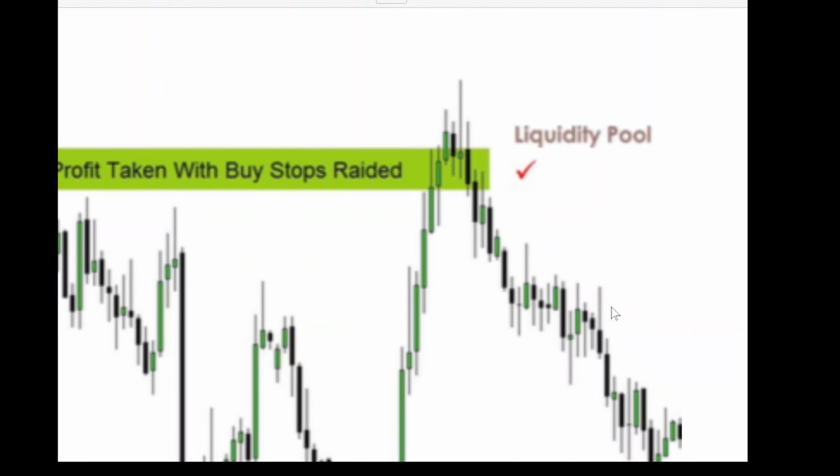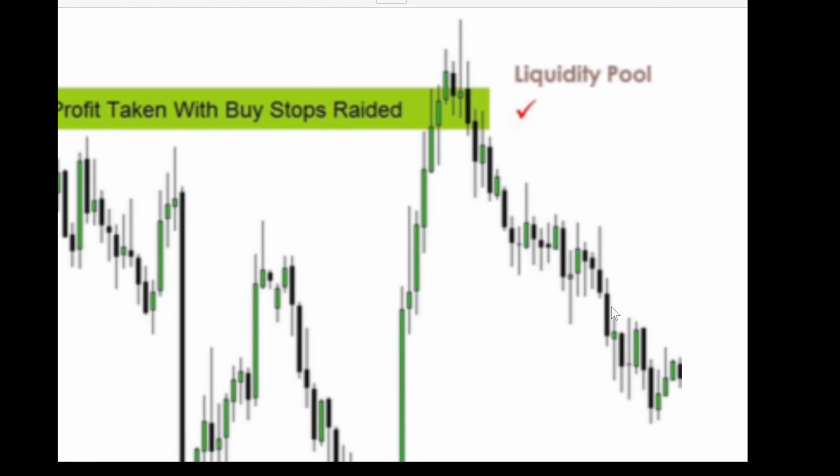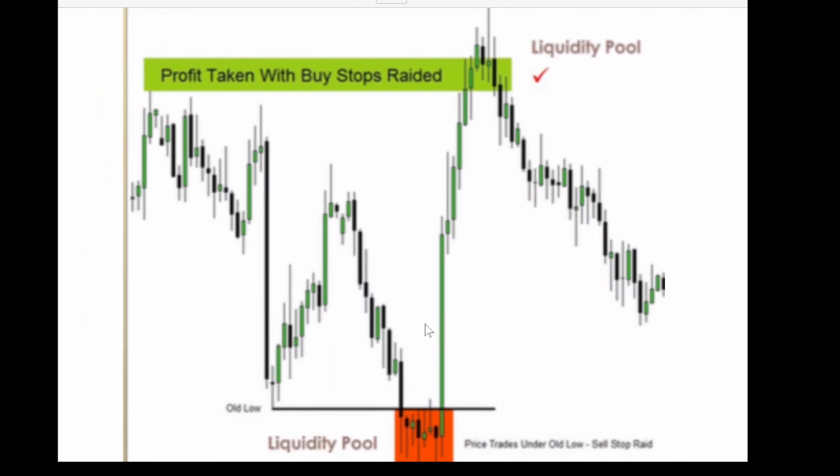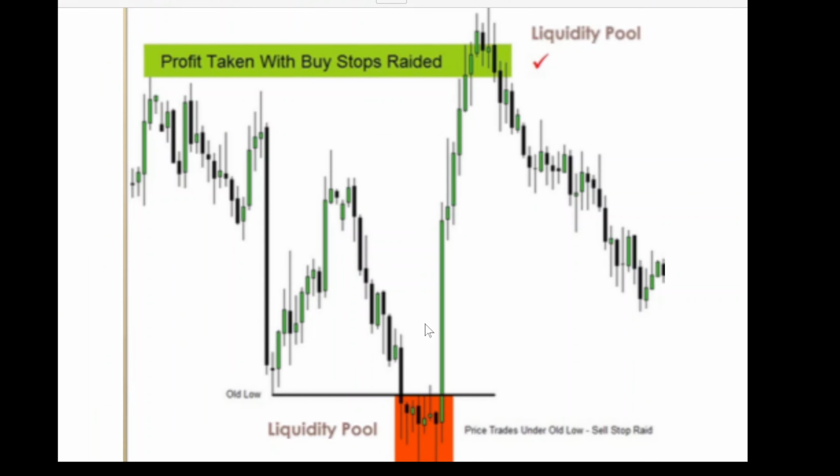It's just an image, I'll take you to the chart. So this image we see right here, as you can see, we were in some kind of consolidation right here. Okay, and there we have this bearish spike to the downside, and then price went back up, then another bearish move.